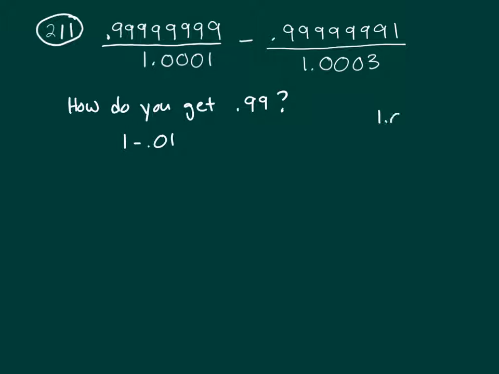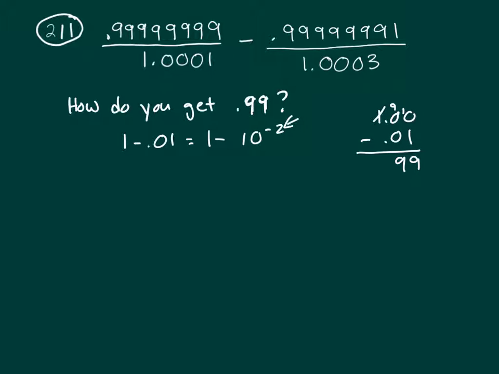Because if you look at that, 1.00 minus 0.01, borrow, this becomes a 9, this becomes a 10, you get a 9 and a 9, okay? Now, this is the same thing as 1 minus 10 to the negative 2. So, note I had 2 9s, hence I've got a 2 here.